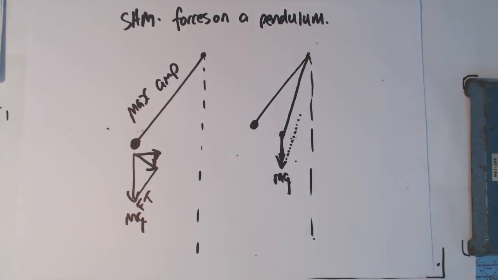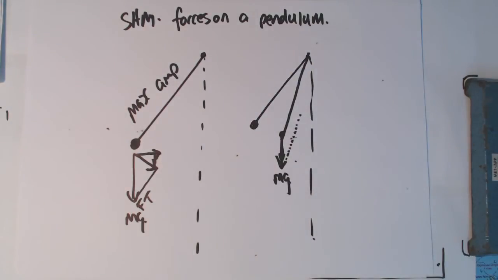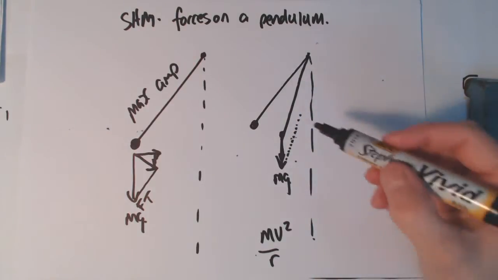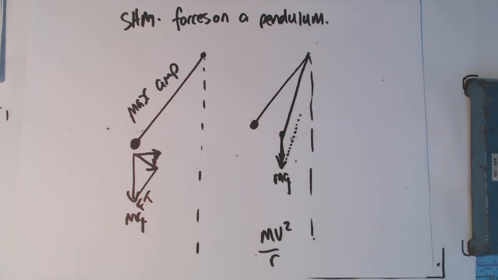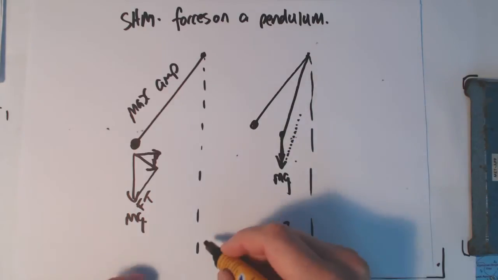But what happens, and this makes things a little bit confusing, is we've now got a velocity and it's going in a circle. Therefore, we now have need of a centripetal force. So the tension in the string doesn't only need to supply the component of the weight force that's parallel with the tension, which we all know would be mg cos theta.